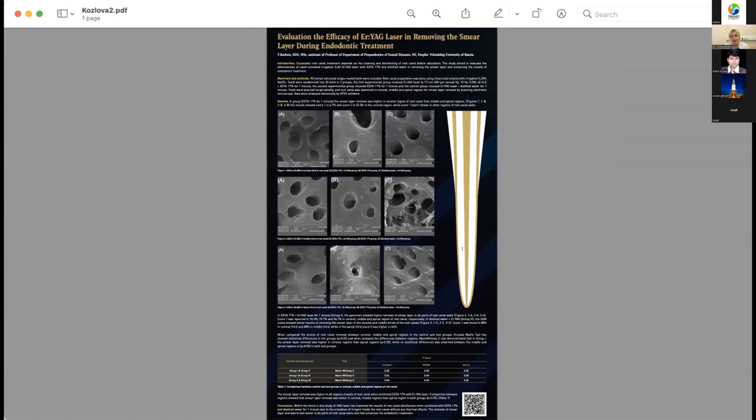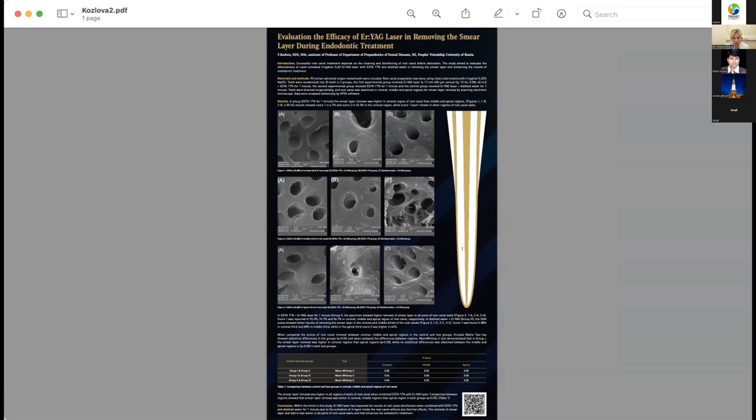So the parameters were a 17 millimeter, 400 conical tip, the repetition rate 10 hertz, the output power 0.5 watt, the energy 40 millijoules. The laser tip was inserted 4-5 millimeters in the root canal. Water cooling was done during the procedure to prevent the dentine overheating.